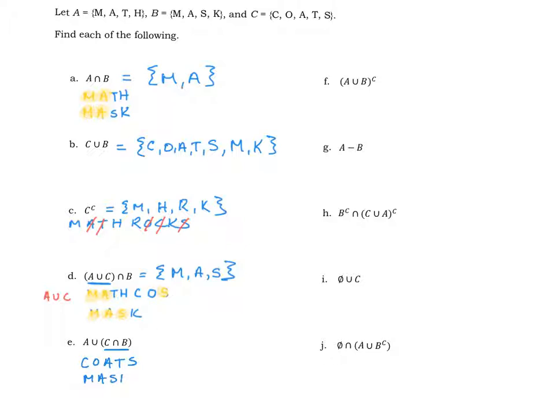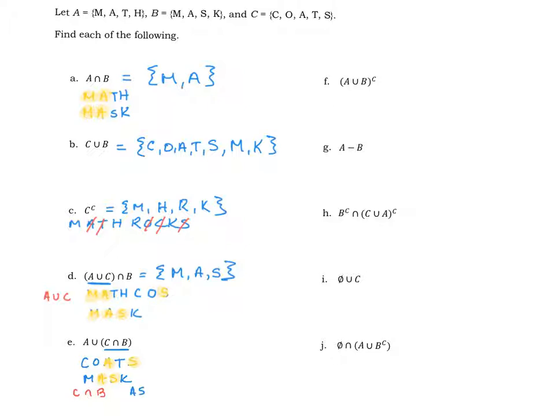M, A, S, K. All right, what do they have in common? No C, no O, there's our A, no T, and then there's our S. Okay, so it looks like C intersect B had elements A and S in it.